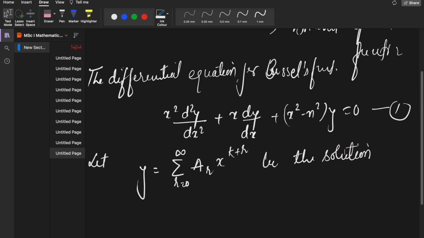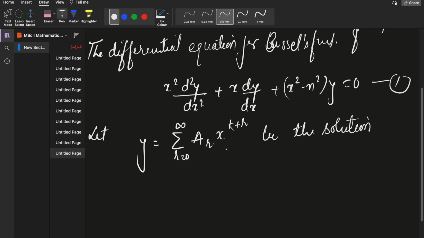This solution is a kind of increasing solution. The first term will be smaller and the next term will be greater than the first one, so we have taken the series in increasing order. That's why I have used k plus r.